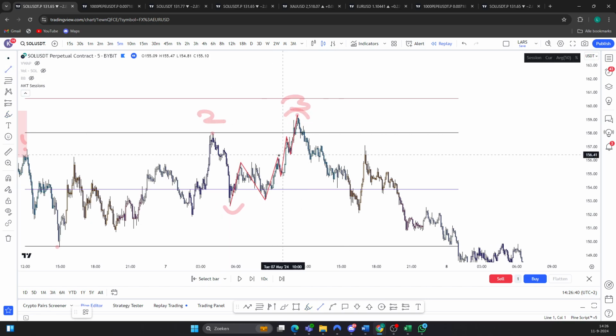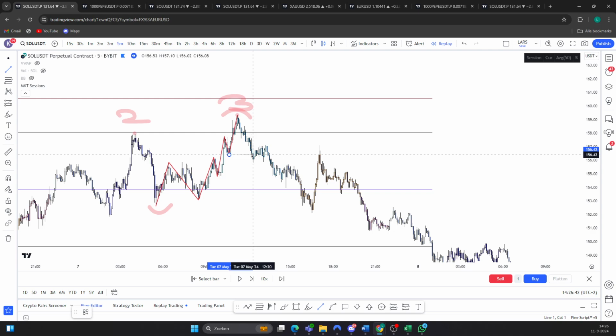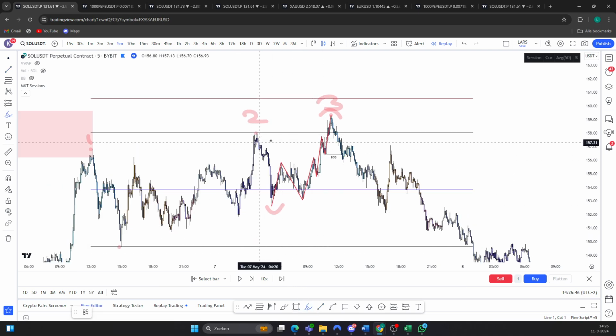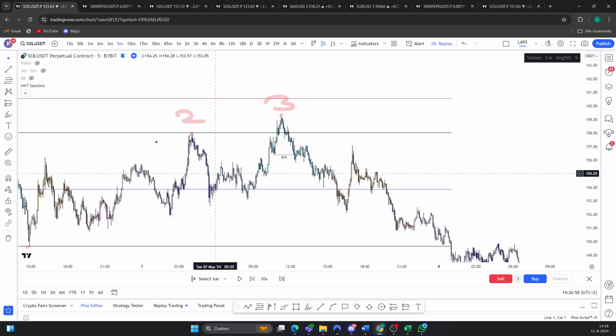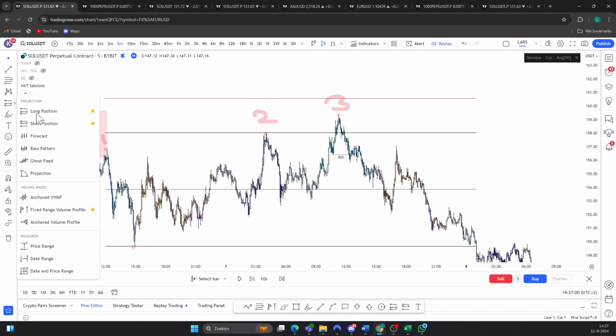And preferably we want that break of structure to be inside of the original range values. We have a break of structure underneath that second tap high, being back inside our original range values. And right here we have that candle close below it, indicating and confirming our TCT Model 1 distribution.